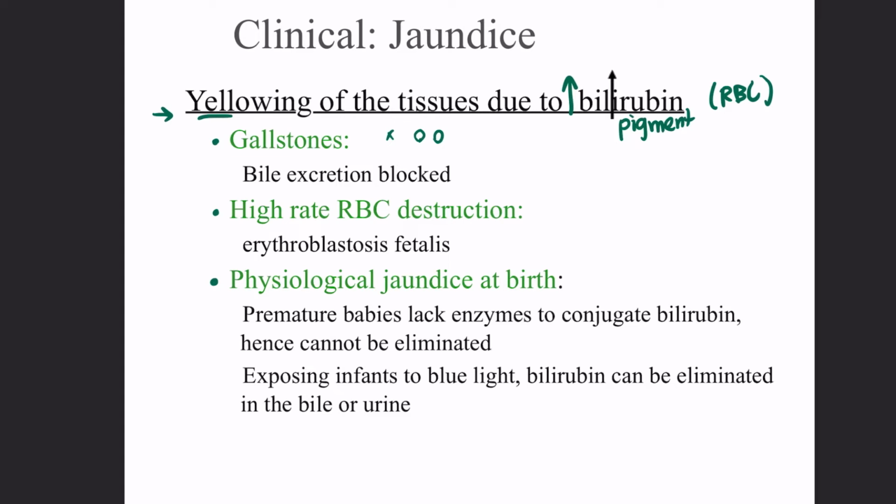Another thing would be erythroblastosis fetalis, which can occur if mother and baby have different blood types, specifically Rh, rhesus blood type. This can cause a high rate of red blood cell destruction. If you have a high rate of red blood cell destruction, you're going to have high bilirubin.